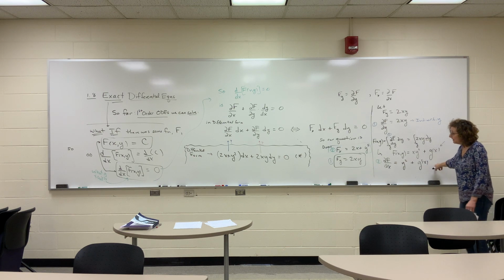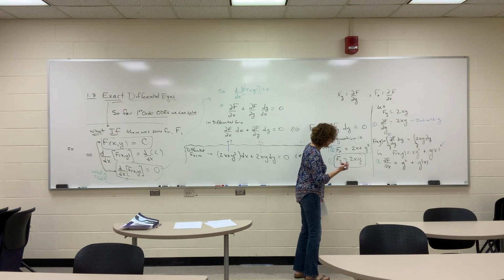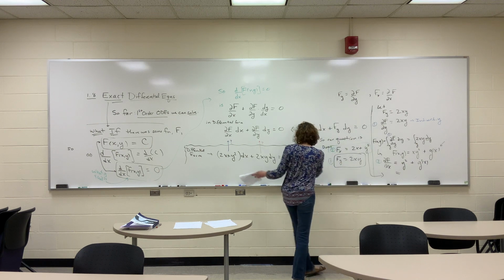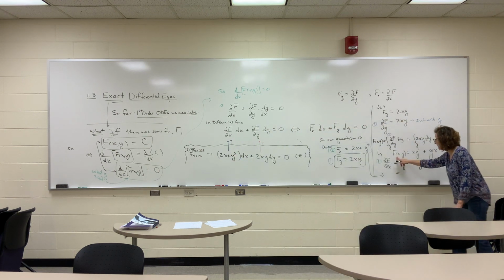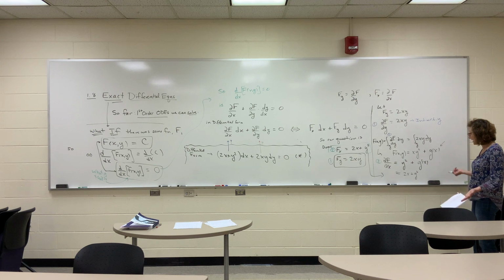And I look back and I'm like, okay, well this is what I want partial f partial x to be, right? So this must equal, if this guy is going to have this form, then this derivative I just took has to equal 2x plus y squared. Well, that's pretty exciting because what happens, right?